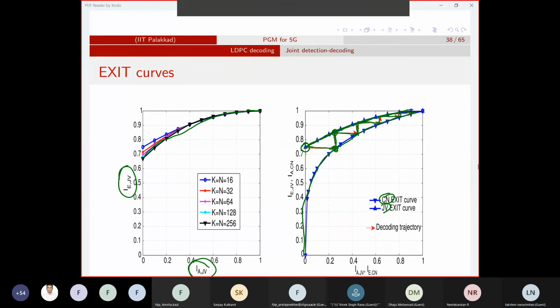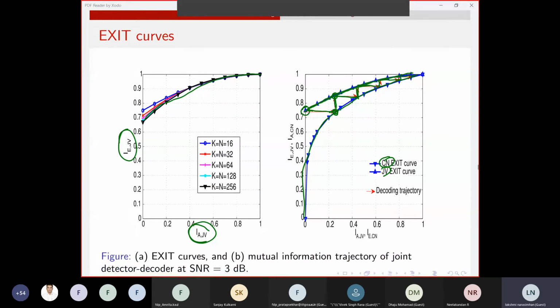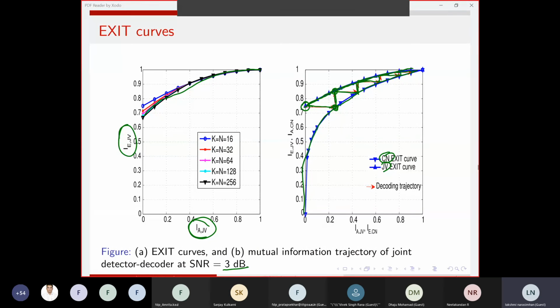So we can construct graphical models, or rather LDPC codes, by looking into this gap. The smaller this gap, the better the decoding performance. As SNR increases, this gap becomes wider and wider, so there is huge information obtained just by one iteration.